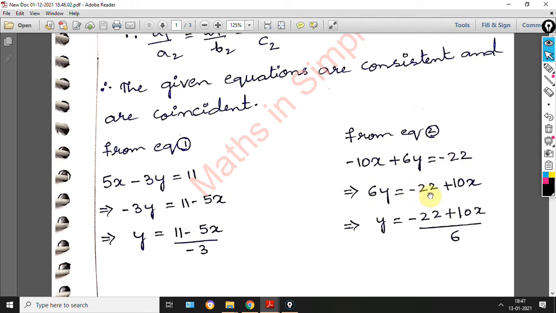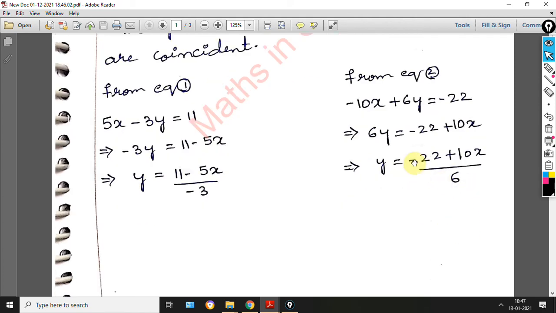We are sending this minus 10x to the other side, so it will become plus 10x, because going to the other side it changes its sign. Next, we are writing y equal to minus 22 plus 10x, whole divided by 6. Why? Because here 6 is in multiplication, and when it goes to the other side, it comes in division. So here also we got the equation for y.